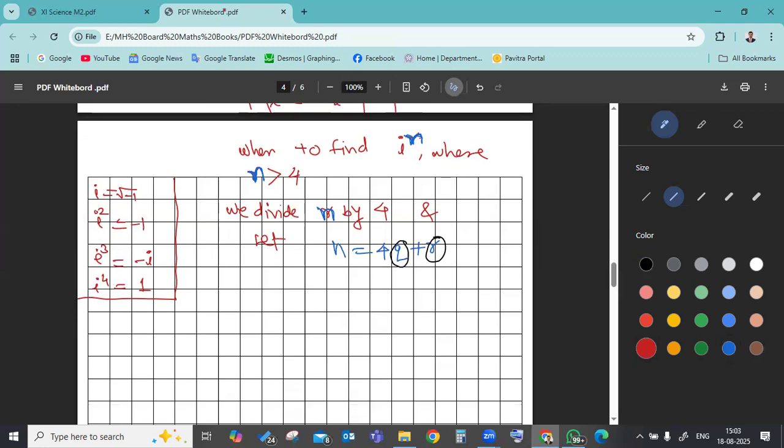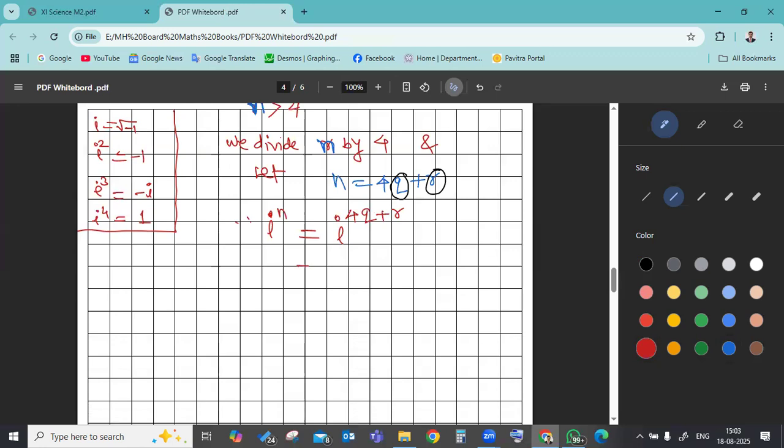i raised to N becomes i raised to 4Q plus R. This gives us i raised to 4Q into i raised to R by using laws of indices, right?